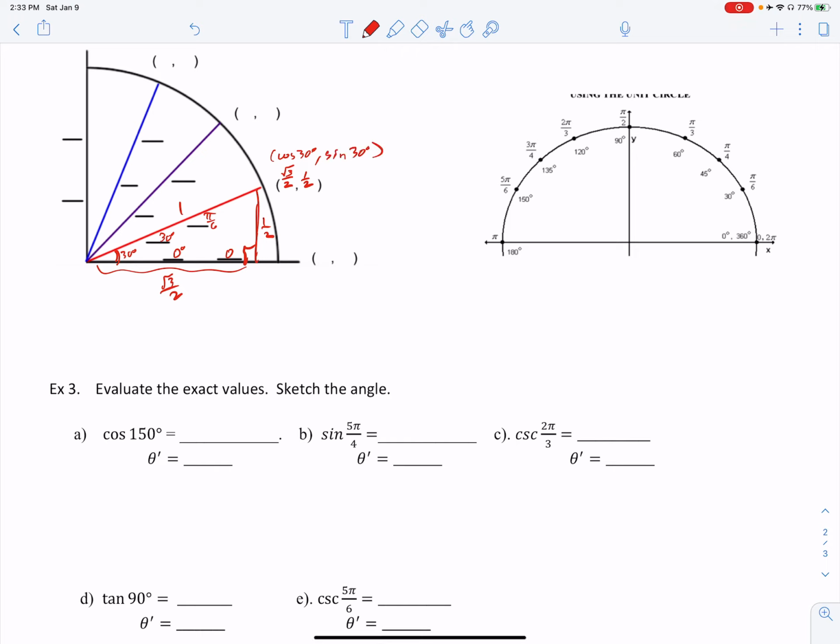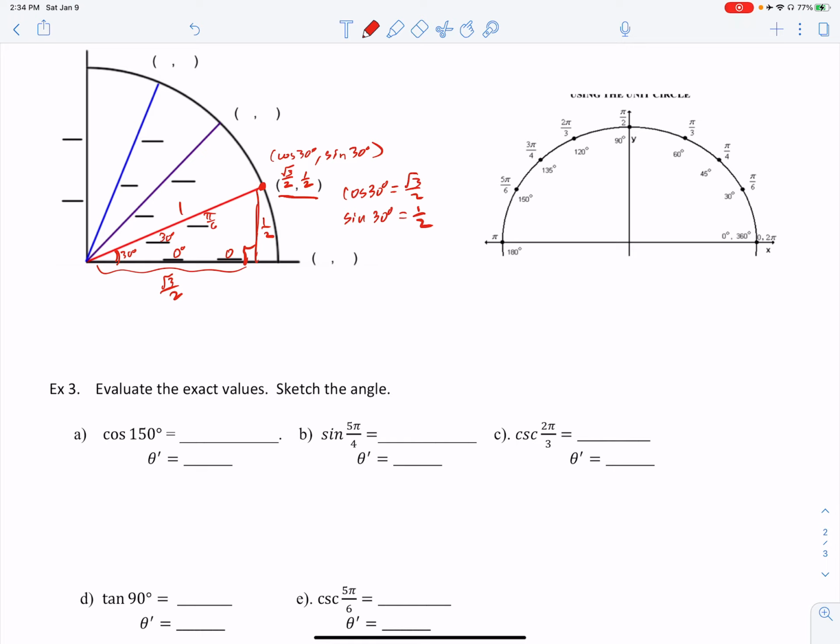So if I know the unit circle, and I know when this rotation is 30 degrees, the ordered pair is root 3 over 2 and 1/2, I know the cosine of 30 degrees is root 3 over 2. I know that the sine of 30 degrees is 1/2. And that's the power of the unit circle. And that's why we want to know these ordered pairs on the unit circle.